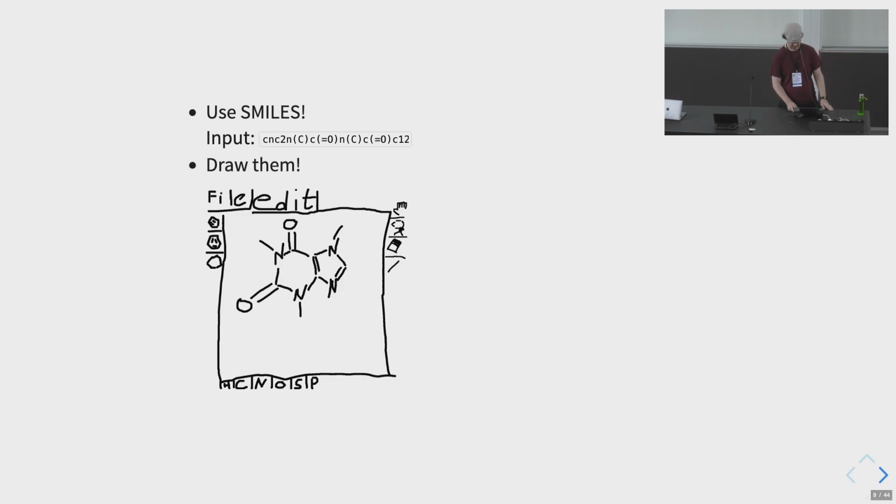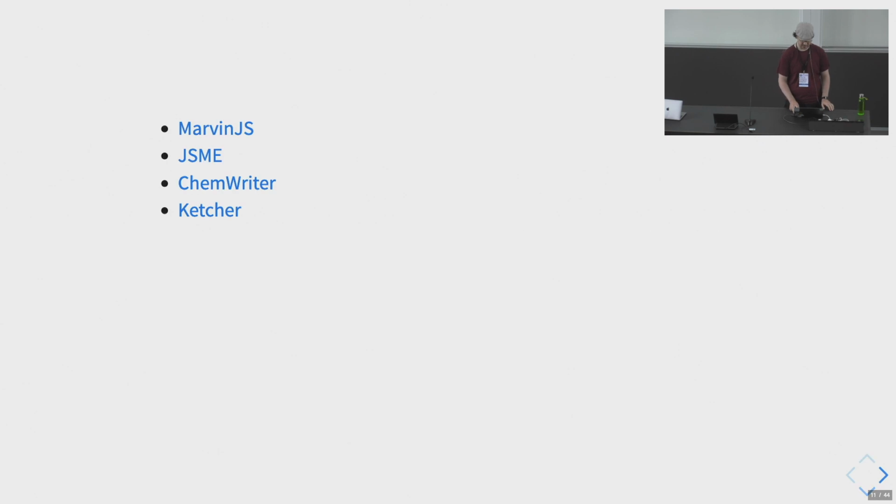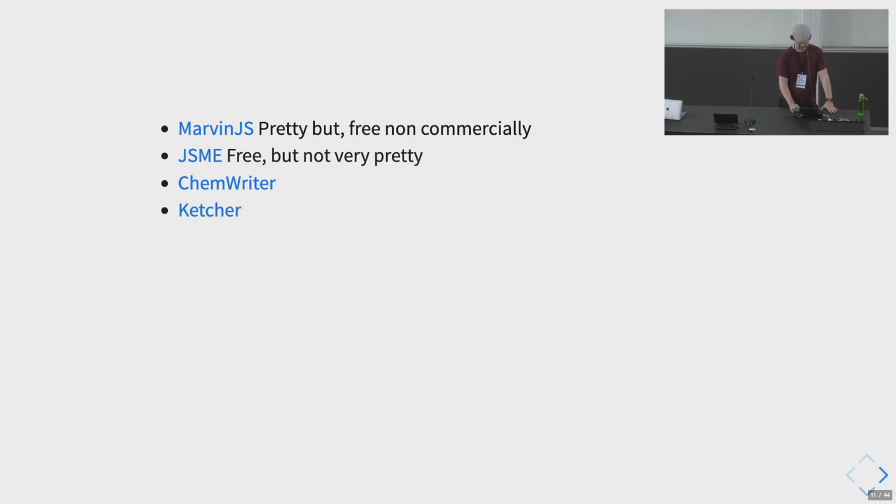And there is software out there that can do that directly in the browser. I will mention these ones. I know about them, but maybe there are others. Marvin.js is nice, but it's a bit complicated in my opinion with licensing. There is JSME. It's free, but not really pretty.